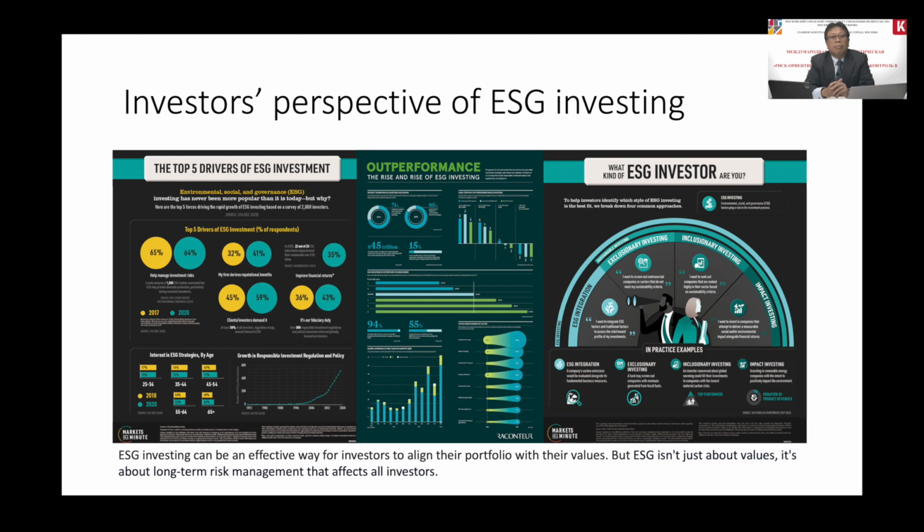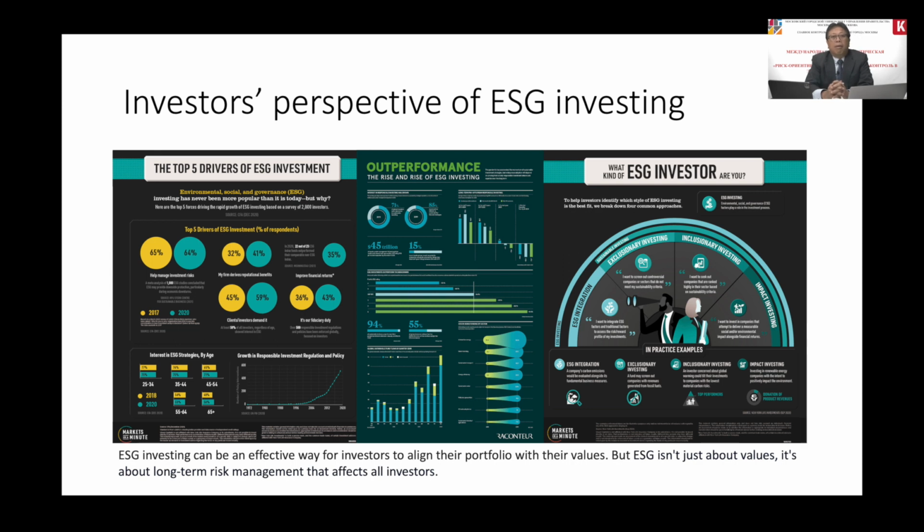And lastly, the approach of impact investing, whereby investing in renewable energy companies with the intent to positively impact the environment. In this case, an investor may say, I want to invest in companies that attempt to deliver measurable social and or environmental impact alongside financial return.